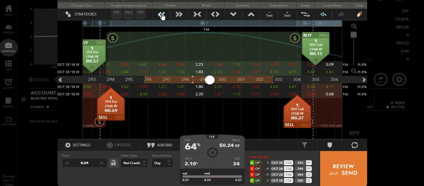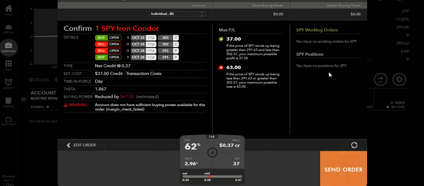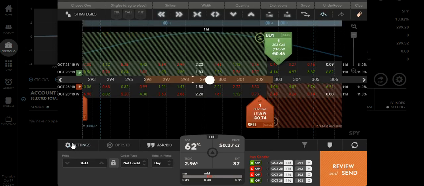So let's try and see. Let's move this down to the downside with a 62%. See, we're getting a much better payoff there. $63 risk for a $37 credit.